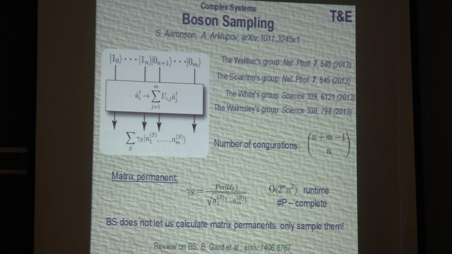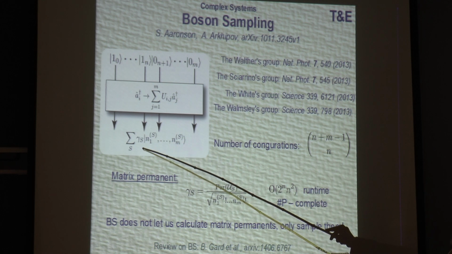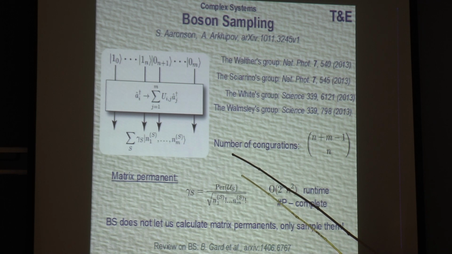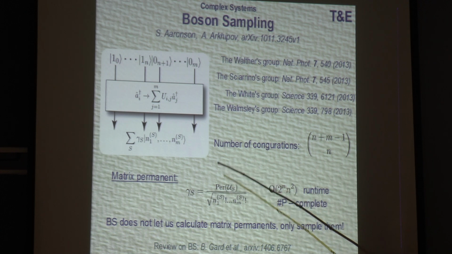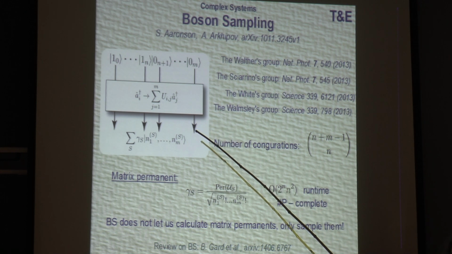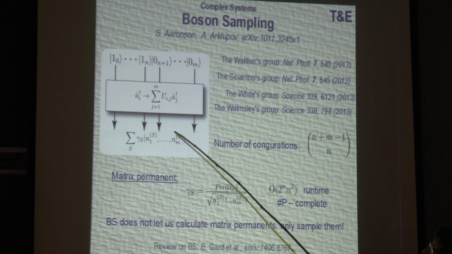And what struck me is that boson sampling does not let us calculate this matrix permanent, only sample from it. And what does this mean? In the laboratory, we are capable of producing an output state which is completely disconnected in any informational sense from us.